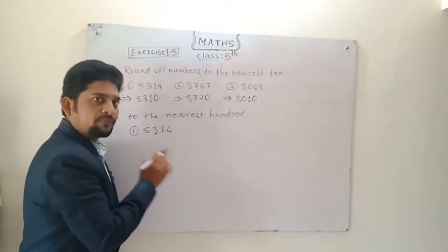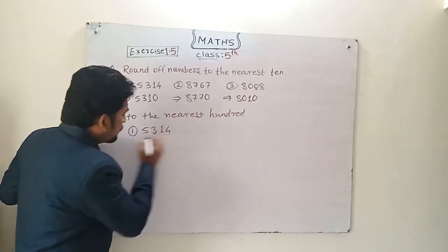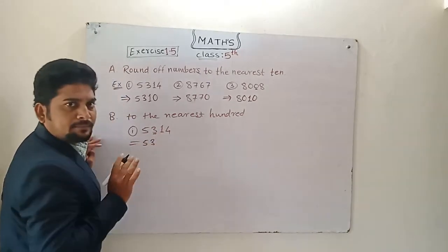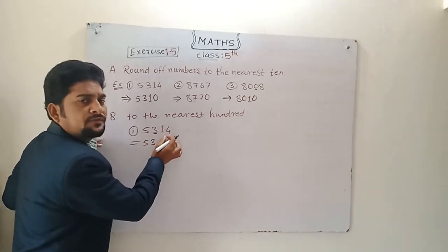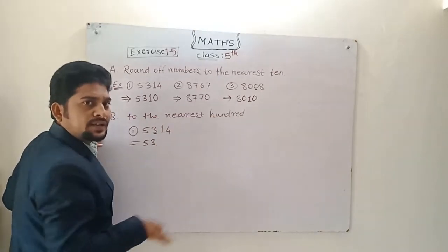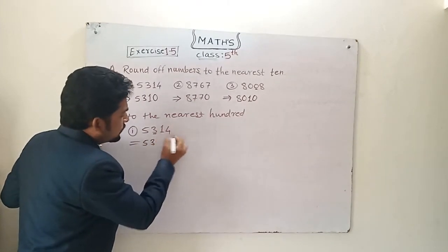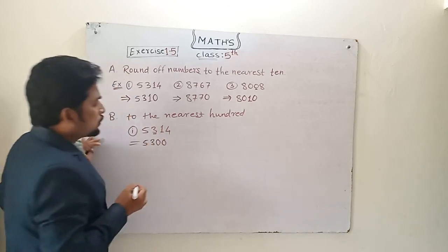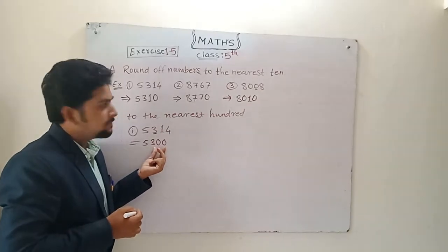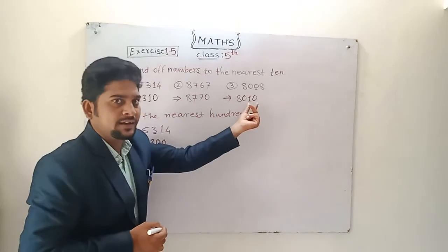Is it 50 or more than 50? No, it is only 14, so it will be the same. 5, 3 will be the same because 14 is there, not 50. Not more than 50, so it is the same. And in the remaining two digits we have to put 00 because they asked nearest 100. See here, 300 came. Here nearest 10 they asked, 10 came, 70 came, like this.